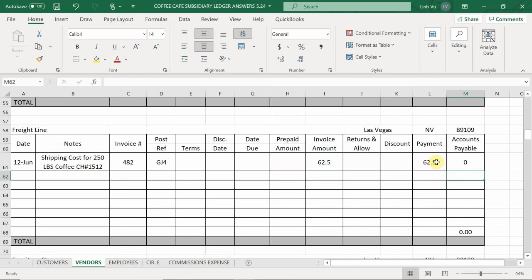Because we paid the shipping cost on COD, so therefore we wrote them a check and we paid for it.